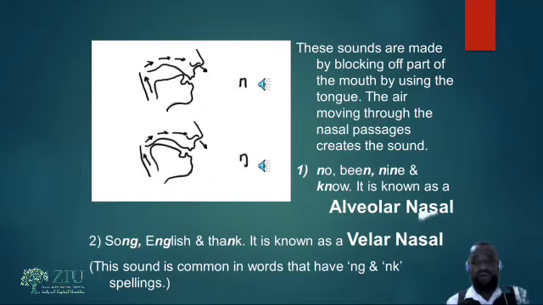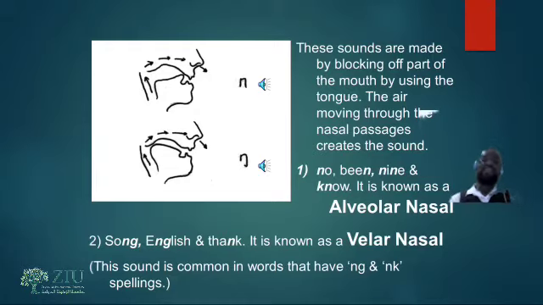So this is known as the velar nasal. This is a velar nasal. So why do we say velar nasal? This sound is common in words like sing and ank, for example, and it is the ng sound actually.